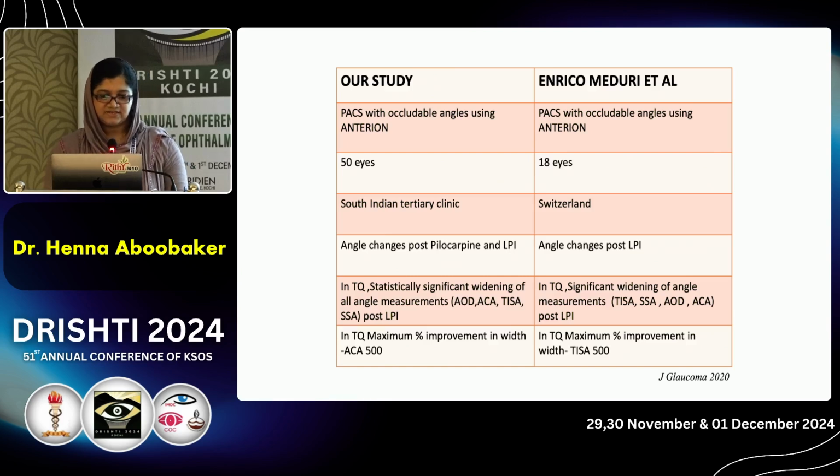In both the studies, in the temporal quadrant there was statistically significant widening of the angle measurements post laser. But in the temporal quadrant, maximum improvement was seen with anterior chamber angle in our study, whereas with trabecular iris space area in their study.